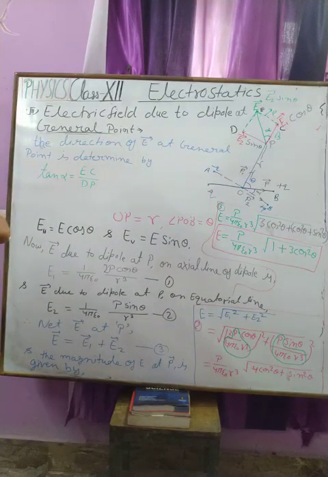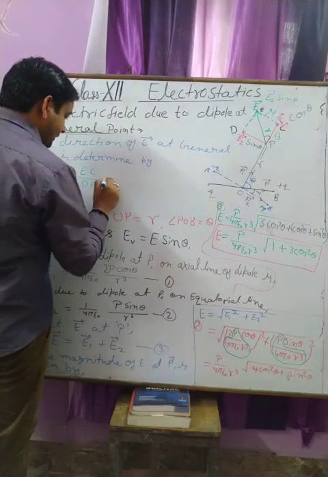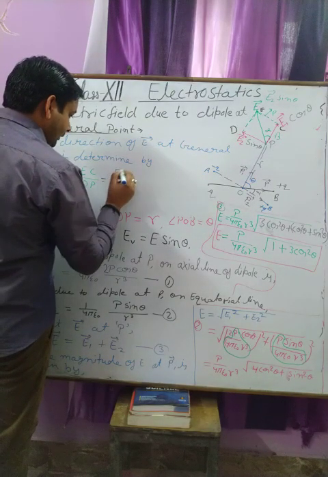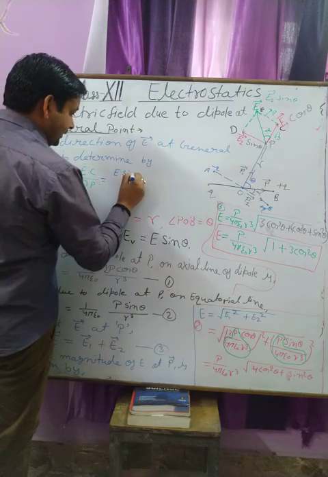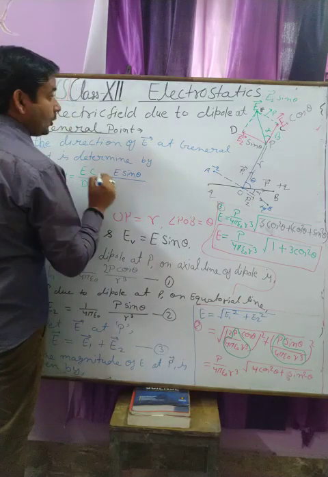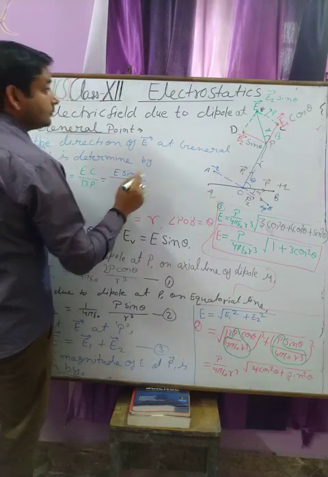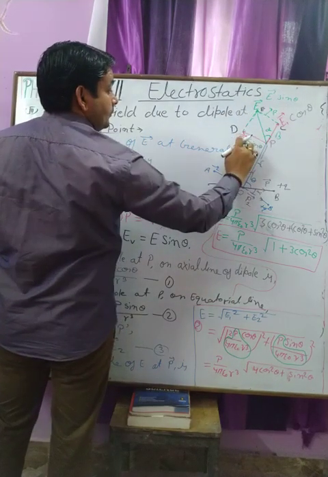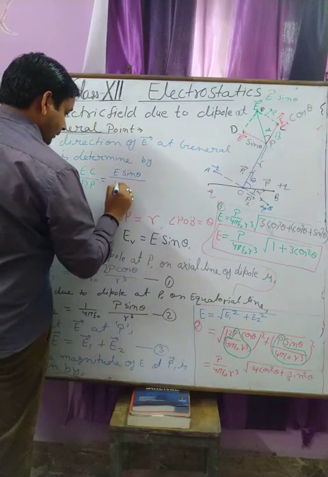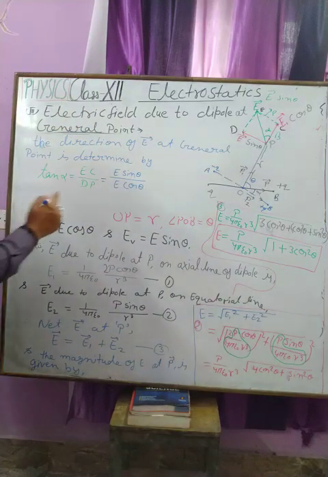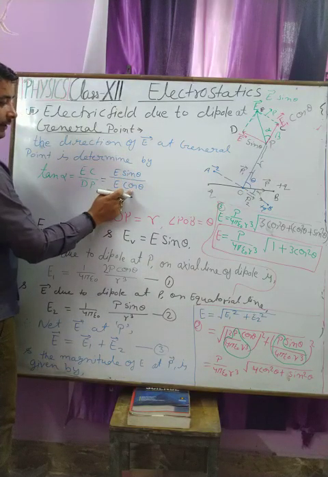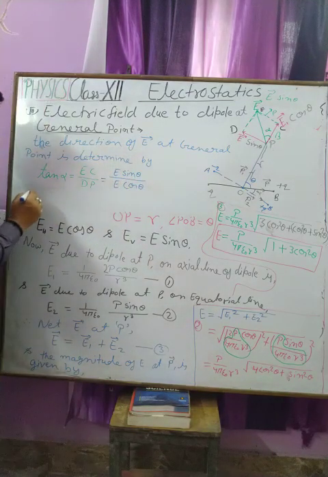Therefore, by putting this value, we get E sin theta upon E cos theta. Okay student, so we all know the ratio sin theta upon cos theta is tan theta.